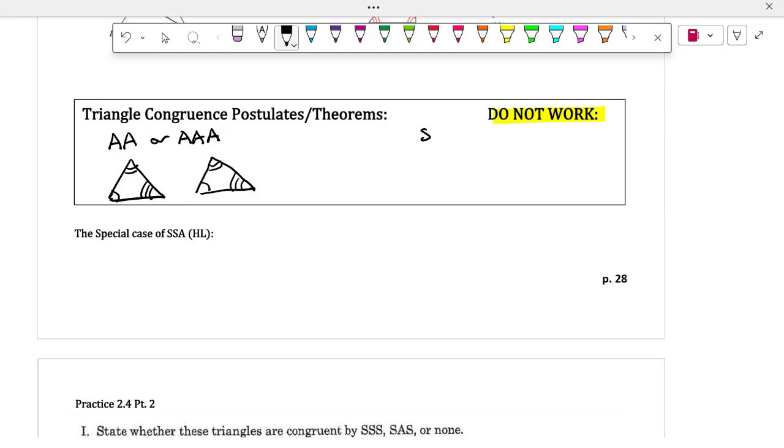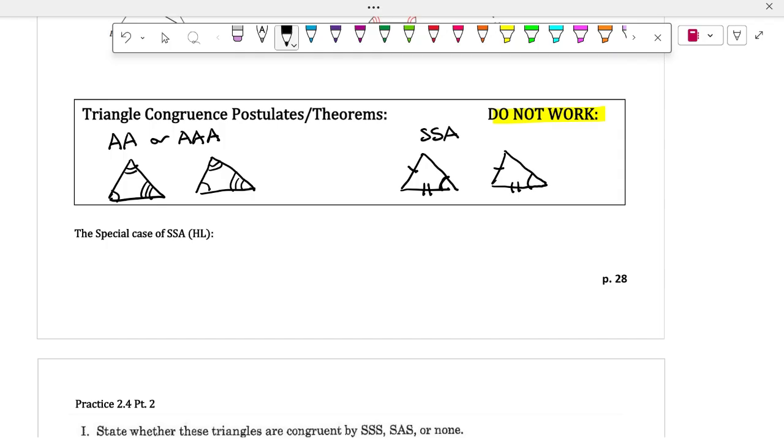The other one that doesn't work is side, side angle, which, be that as it may, is spelled backwards. All right. And the reason is because that angle is not connected to both sides in some shape or form, we can still draw a different line. So, say these sides were congruent and this angle is congruent. Remember what I said.